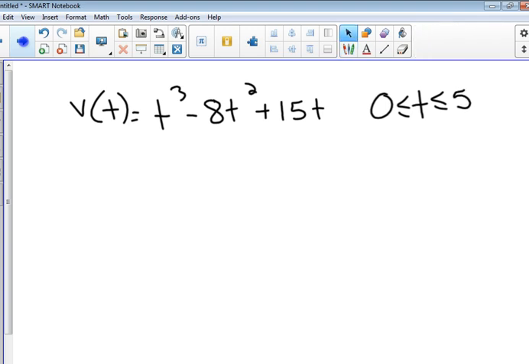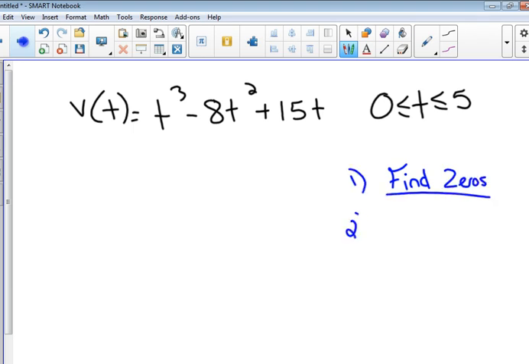Alright, so here's the next one. We want to find your zeros first, because then you can set up your intervals of how you have to split them.